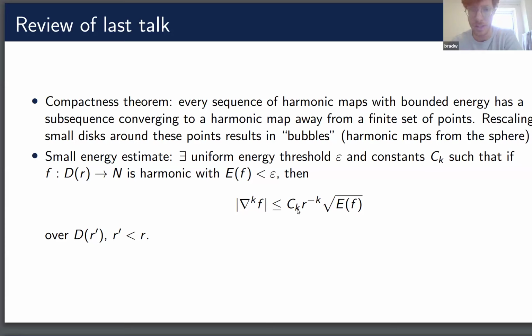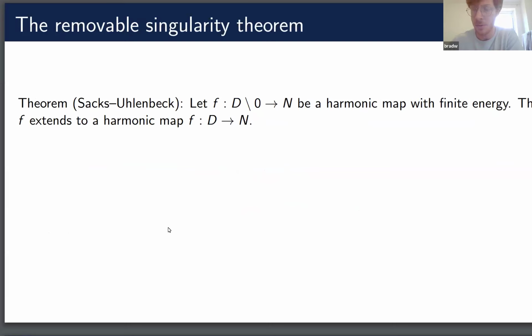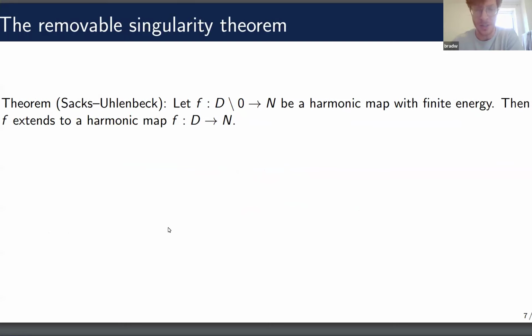So they decay like r to the minus k for the kth derivative. And this is only over a slightly smaller disk. What we need to prove now is this second part, which is the removable singularity theorem.